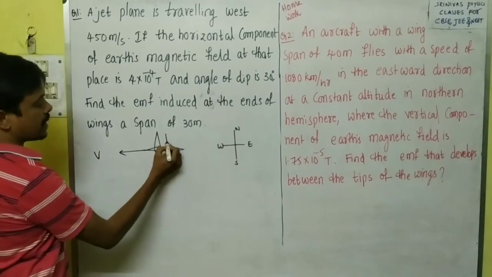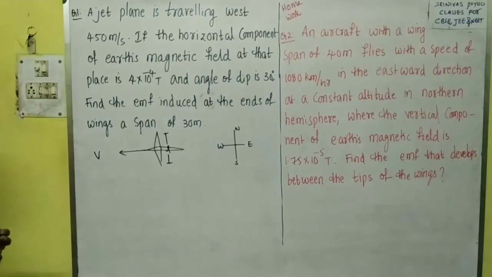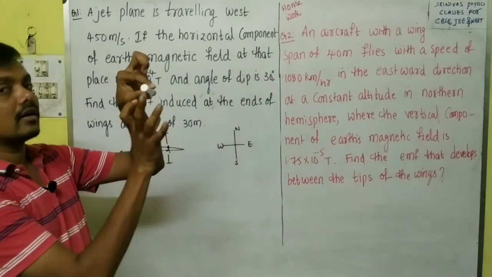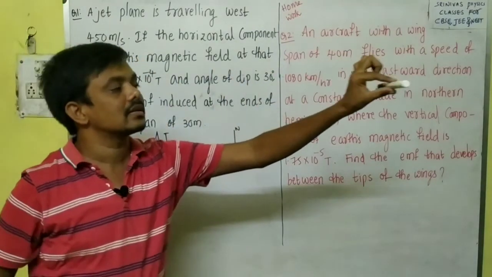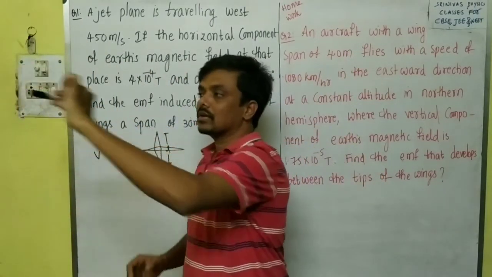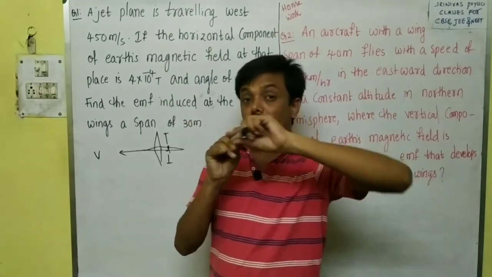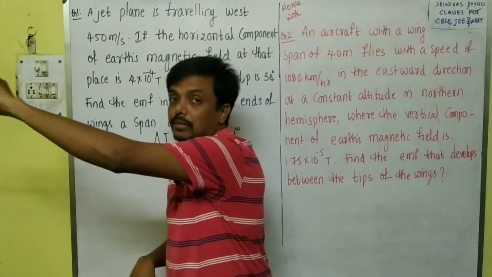The wing span length is L, and this is the wing of the jet plane. Its length is like this and its velocity is like this. Now it is moving in the earth's magnetic field.